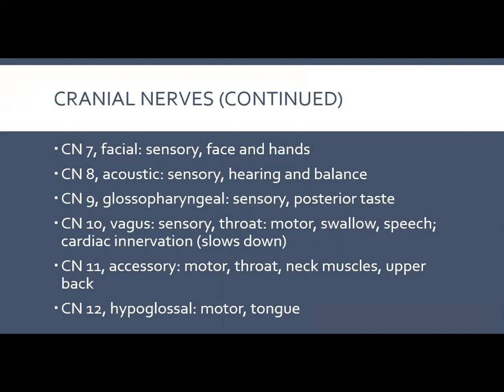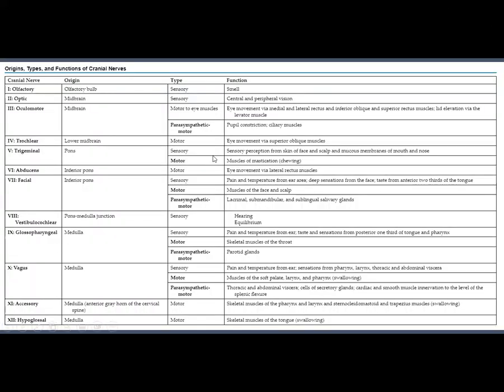And here we've got some more nerves. It helps with your assessment because, for example, if you have a patient who is suddenly unable to move their tongue, who's had a very bad brain injury, then we're looking at cranial nerve 12, the hypoglossal, because it has an issue with their motor ability. And I like this one here. This comes from your book. It shows which ones are sensory, which ones are motor, and it goes through it.